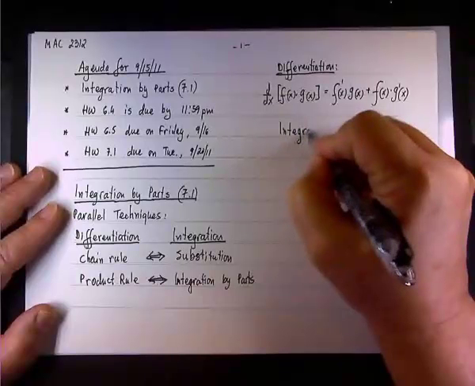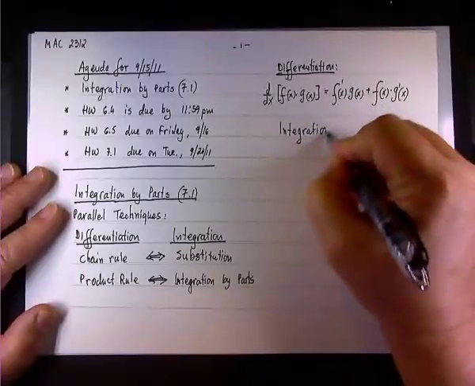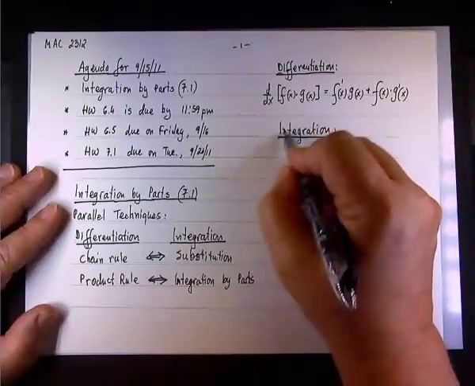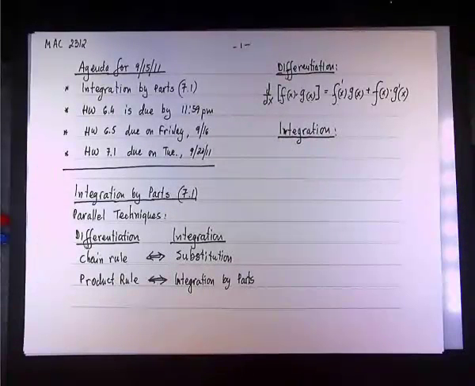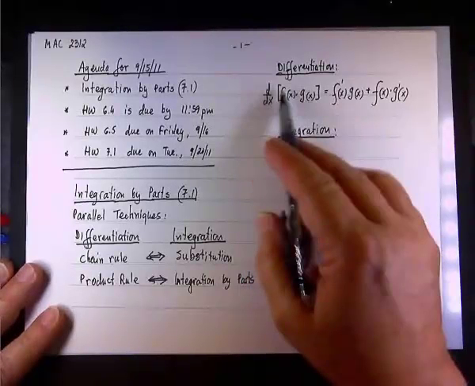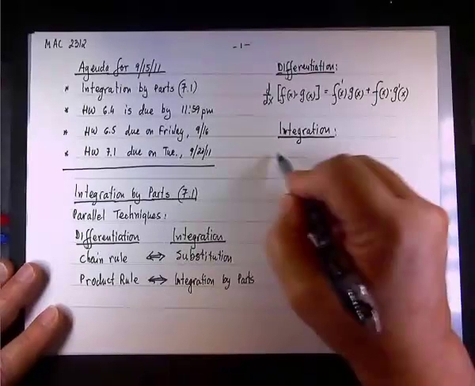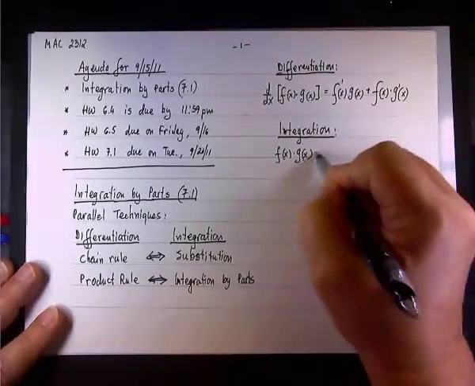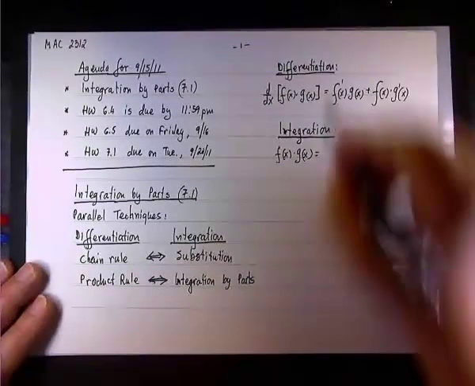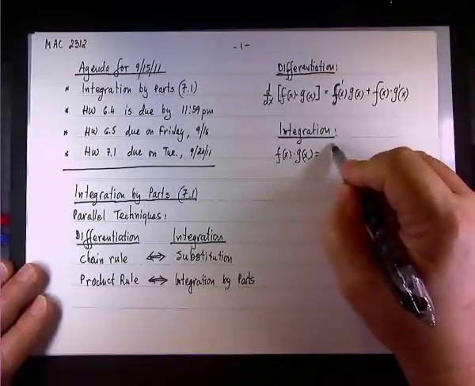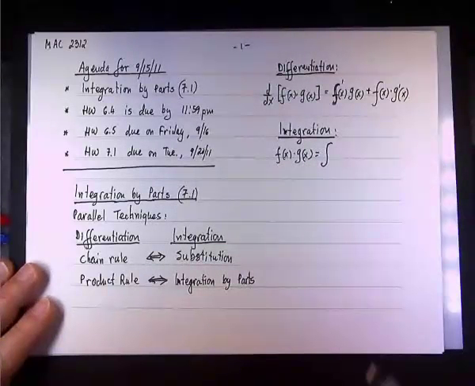Now, this is as far as differentiation is concerned. What about integration? Well, we want to undo what we've just done. So, if we integrate the left side, then we undo the differentiation, so we end up having f of x times g of x. On the right side, remember, we integrate the sum.